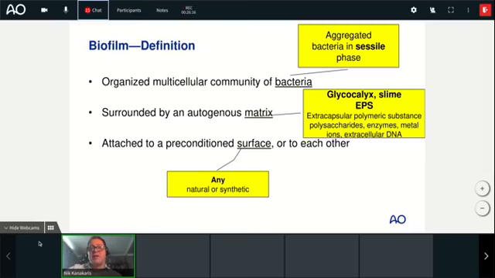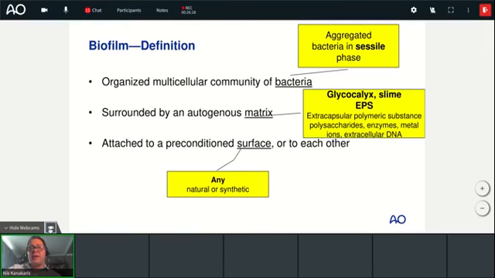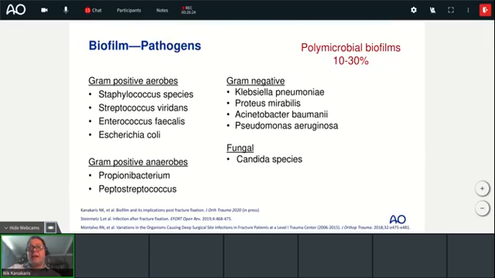So they have changed from the planktonic active state to a kind of dormant state when they are mature in a biofilm. Which bacteria? Actually, all the usual suspects. All the culture results on biofilms represent basically species that are well known to us. In 30%, we can also find polymicrobial biofilms, which sometimes makes the situation a bit more complex.